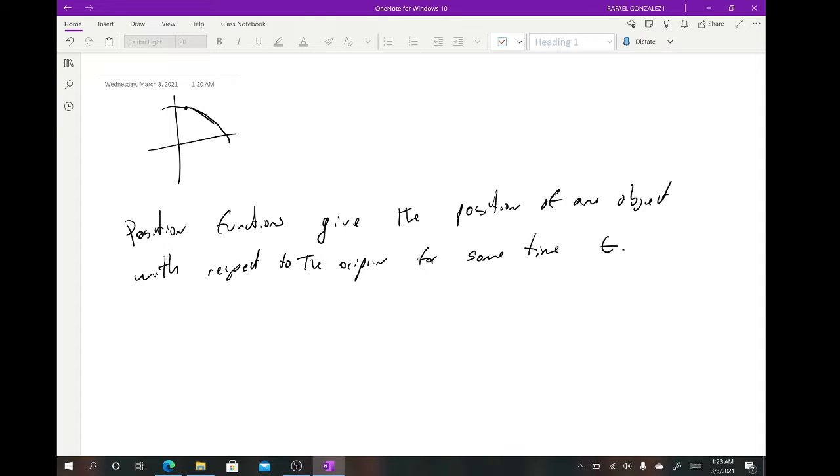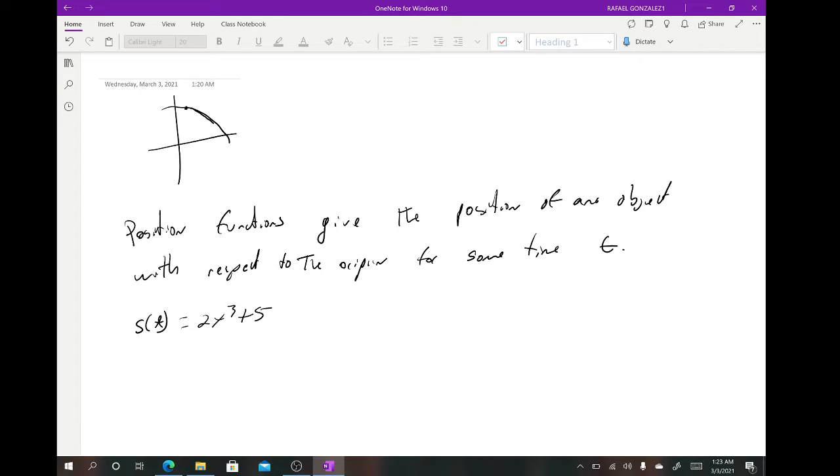Often these functions are given in the form of s of t. So whenever you see s of t as a function, like s of t equals 2x squared plus 5, then this is referring to a position function, specifically how the position is changing with respect to time.